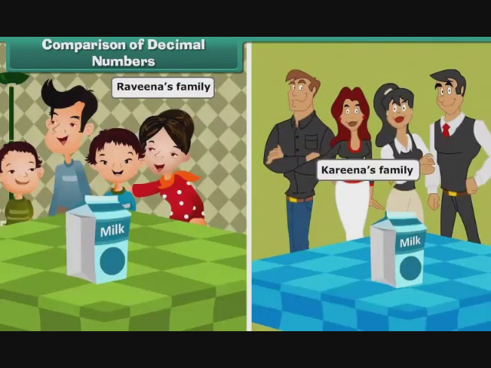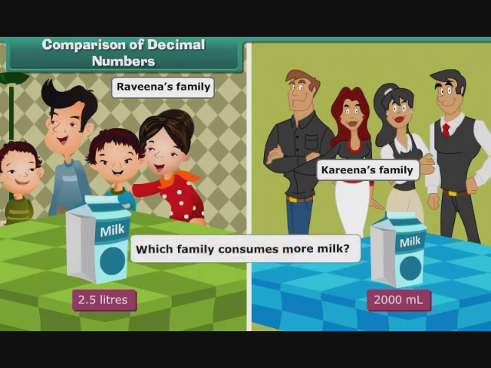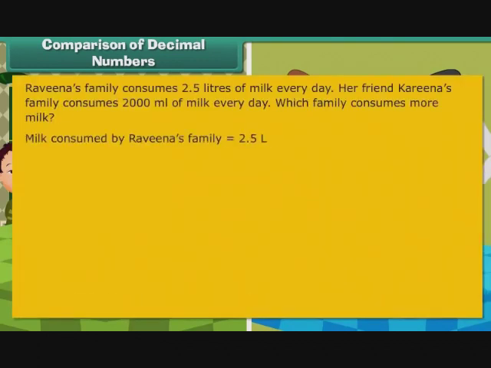Let us look at one more problem. Ravina's family consumes 2.5 liters of milk every day. Her friend Karina's family consumes 2000 milliliter of milk every day. Which family consumes more milk? Milk consumed by Ravina's family is equal to 2.5 liter.